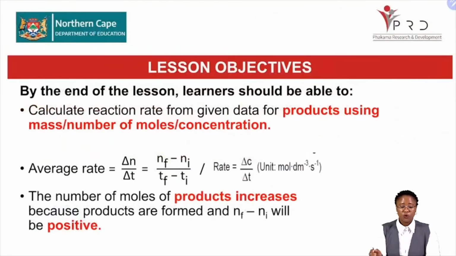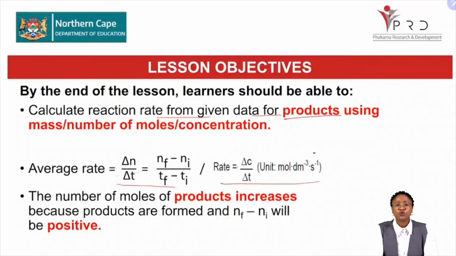All right, you also need to be able to calculate the rate of the reaction from given data for the product, right? I said you should be able to calculate for the reactants. Now you also should be able to calculate for the product. And you use the very same equations, but note here, there is no negative sign because you are calculating the rate of the product. Why?